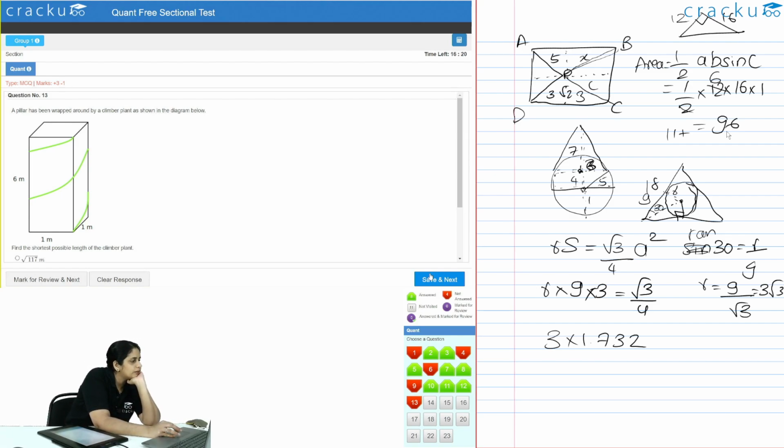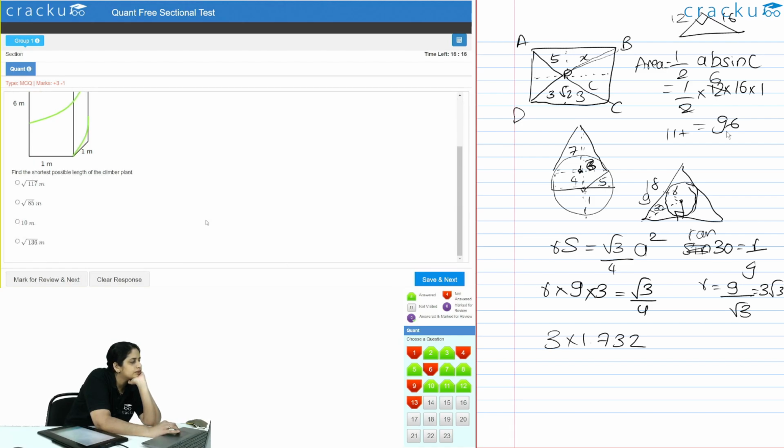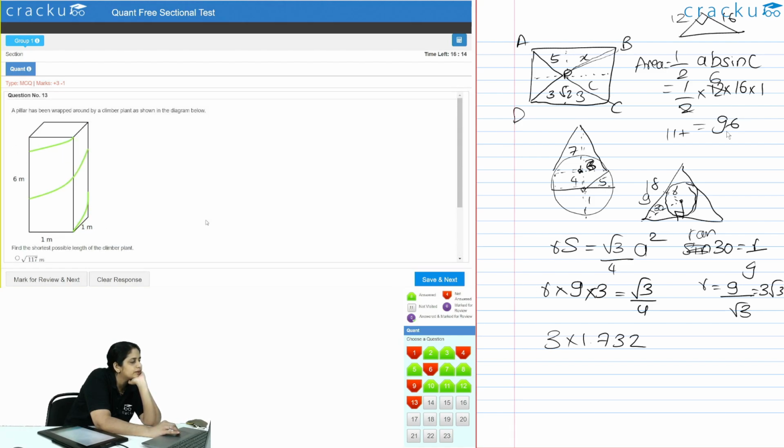A pillar has been wrapped around by a climber plant. Find the shortest possible length of the climber plant. So you wrap it around. There is one loop, two loops as such. But essentially, if you open it up, it goes around twice.